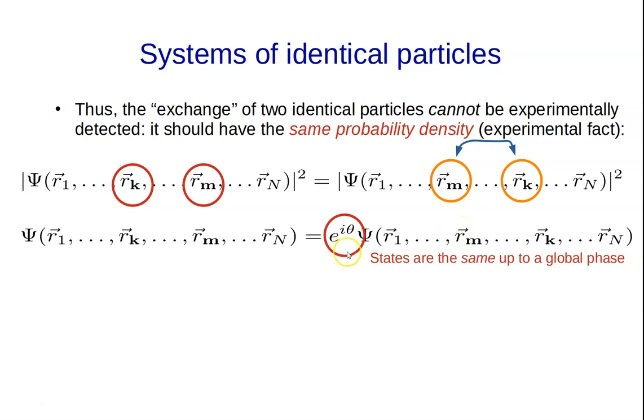And more importantly, and this is also an experimental fact, if I go back and exchange the particles again, so that the kth particle comes back to position Rk and the mth particle goes back to position Rm, I get another phase which is exactly the same.